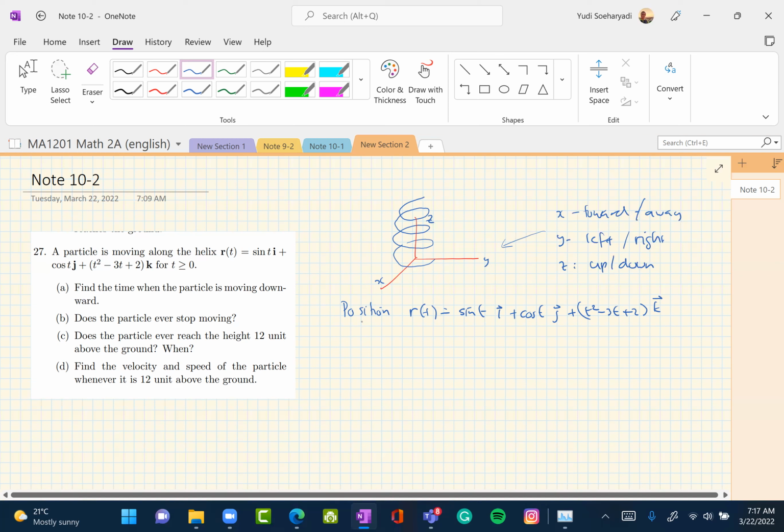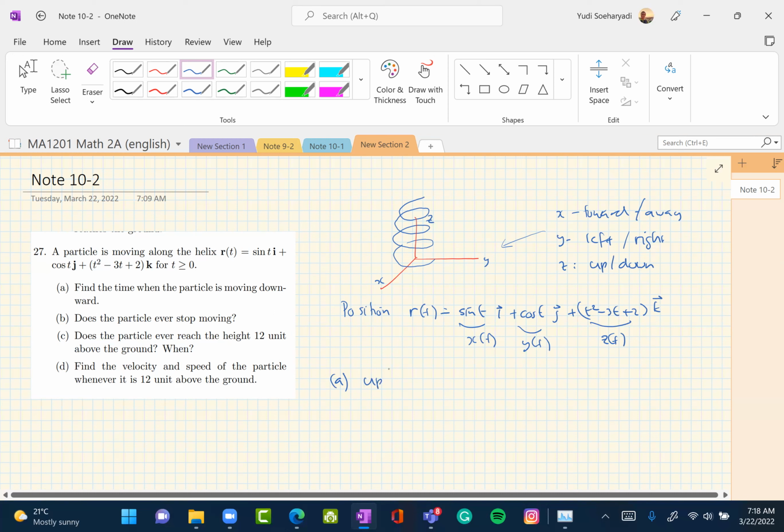So question A is: find the time when the particle is moving downward. Moving downward means in the z direction. I'll say this is x of t, this is y of t, this is z of t. So problem A means that the up-down velocity is negative, moving downward.